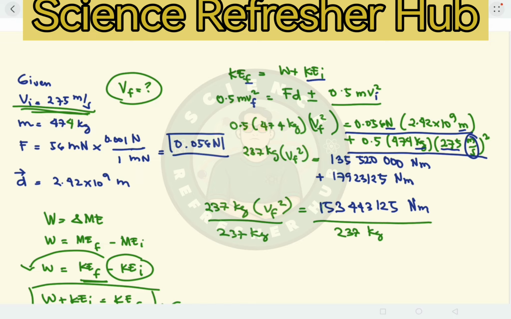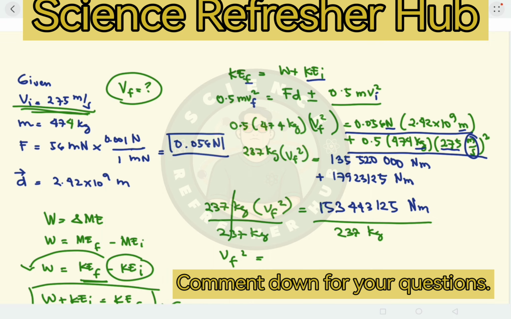To isolate VF, we will divide both sides by 237 kilograms. Cancel. So we'll have VF squared equals the quotient. Let's divide it by 237. The answer is 647,439.346, and the unit newton meter could be written as kilogram meter squared per second squared over kilogram.